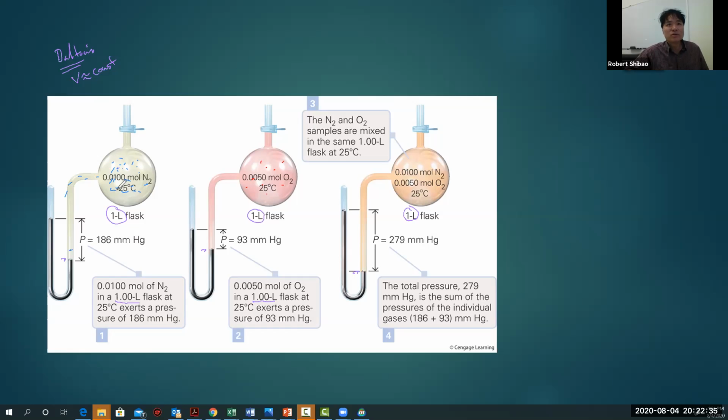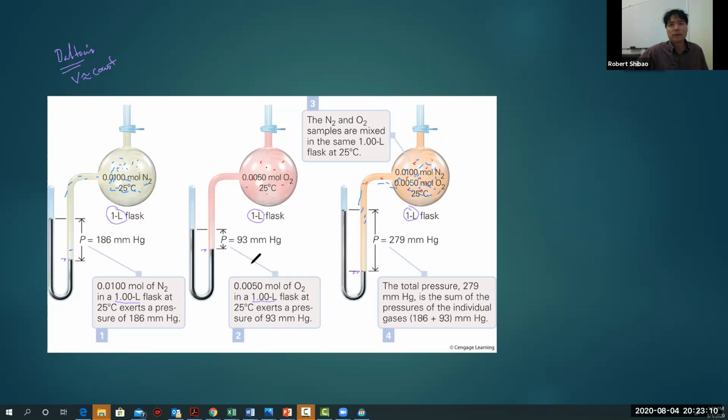But now what we're going to do is put both the oxygen and the nitrogen in the same container. And so what's that going to do to the pressure? Well, now you have the oxygen colliding with the walls and the nitrogen colliding with the walls. So we're going to expect 186 millimeters of pressure from the blue molecules weighing down on the mercury, plus 93 millimeters of pressure from the red molecules.